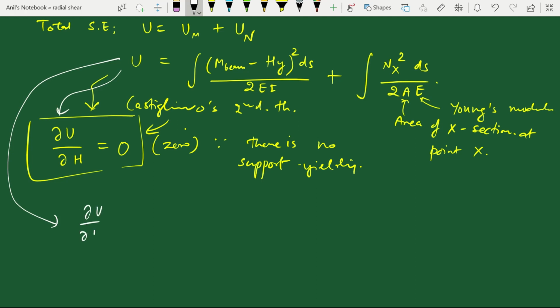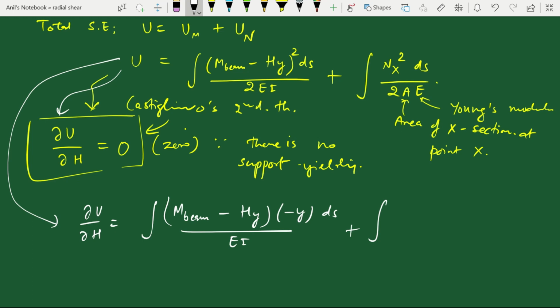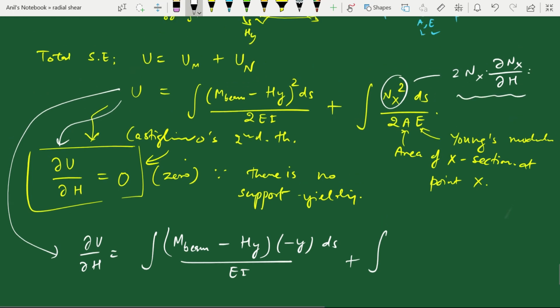Del U by del H will be equal to integration (Mb minus Hy) into minus y, so this we have done earlier, into ds upon EI plus integration, differentiation of Nx squared will be 2Nx into del Nx by del H. So it is partial differentiation.